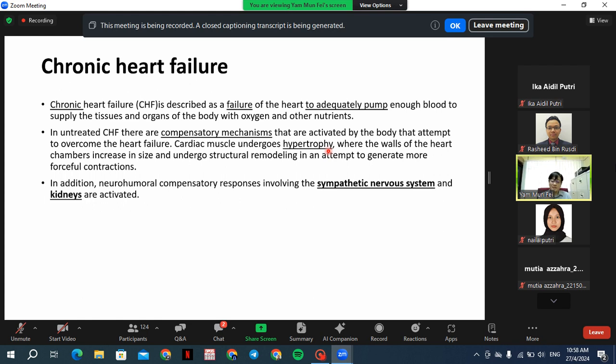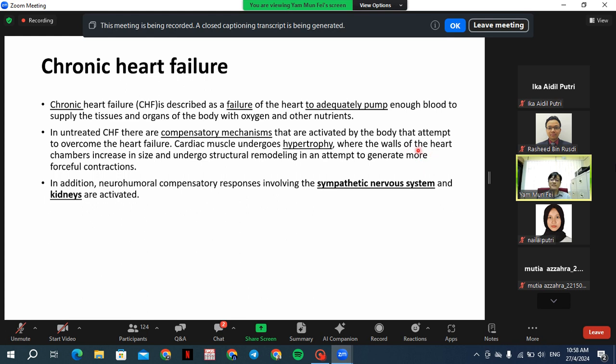But actually it is not good, because the capacity of your heart becomes smaller, as it is occupied by the muscle of your heart. Meaning your heart chamber becomes smaller because it is occupied by the muscle.